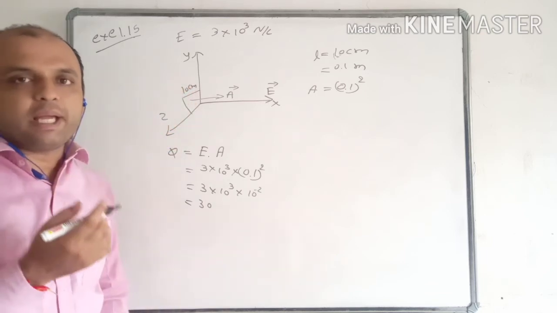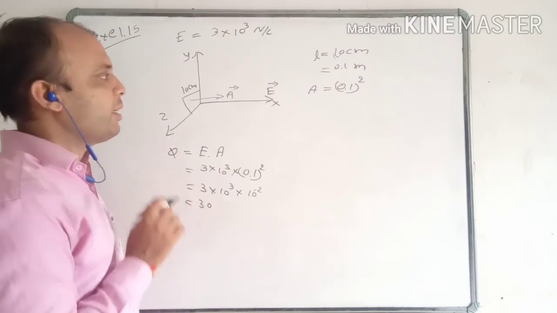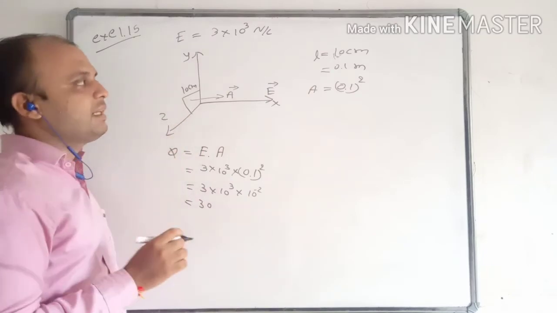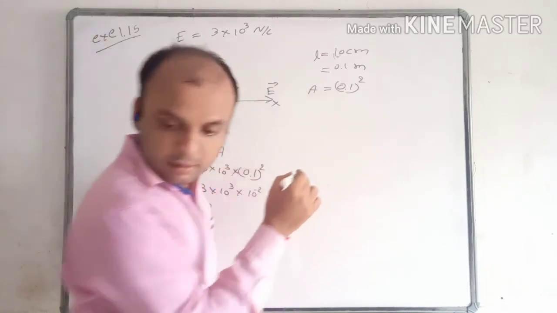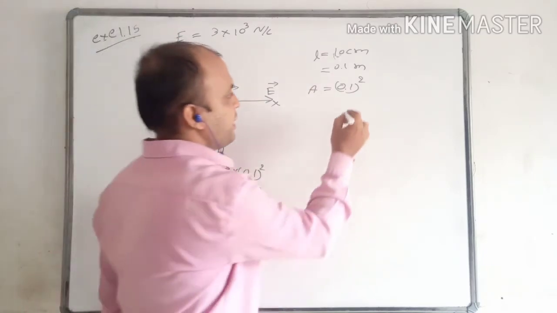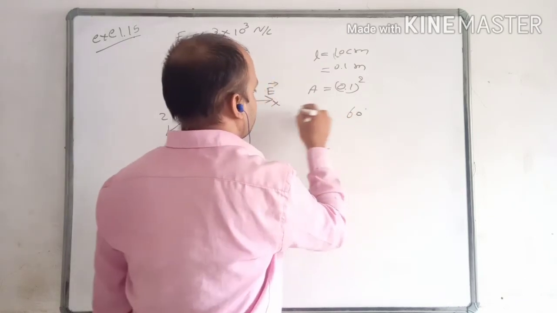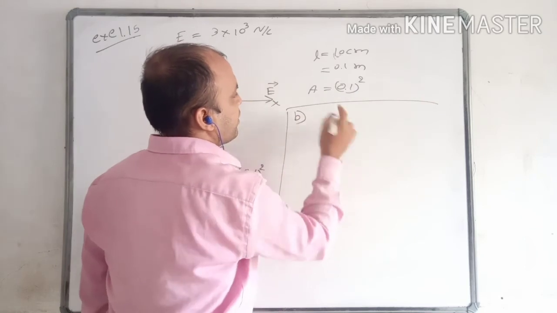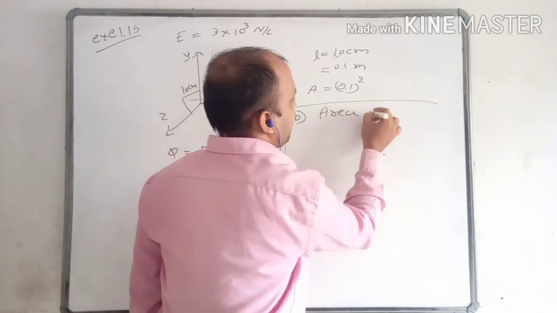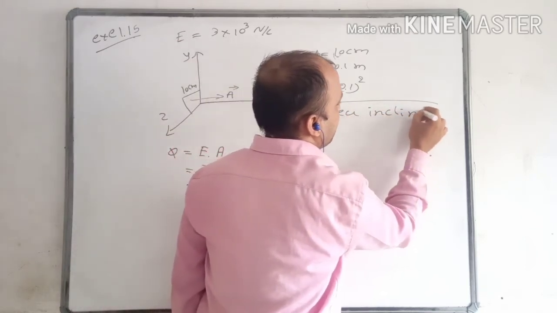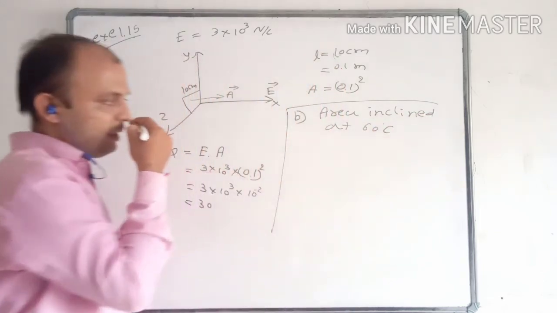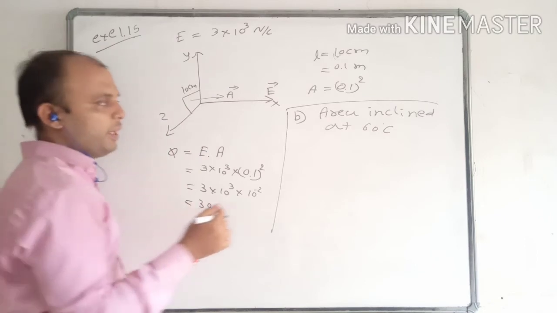Now we have to find the electric flux when this area is inclined at 60 degree. So in this case we have to find the flux.